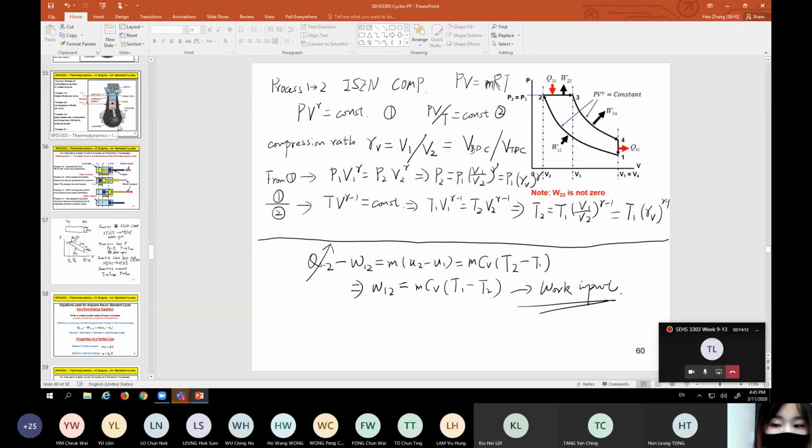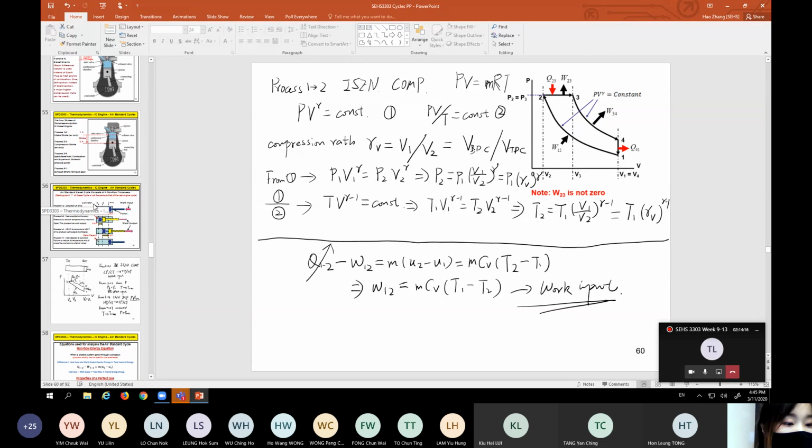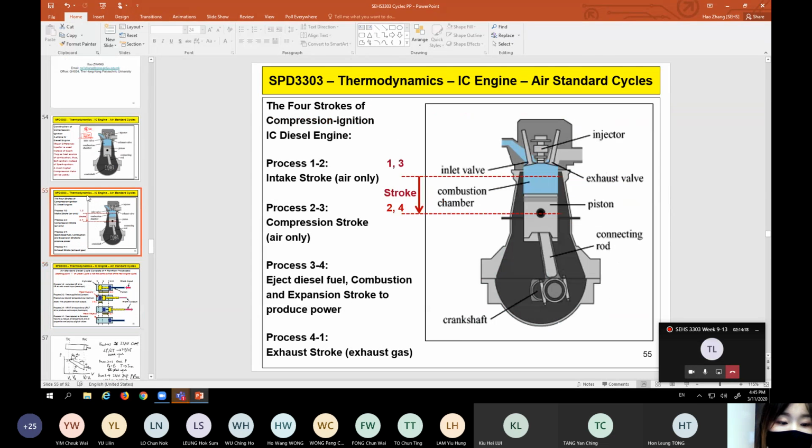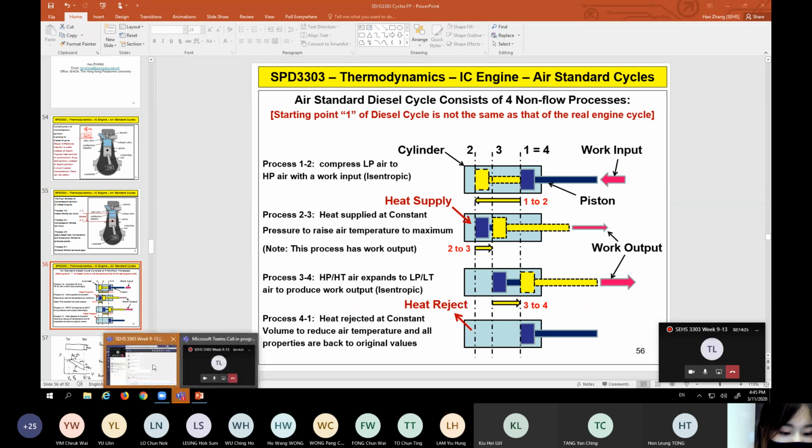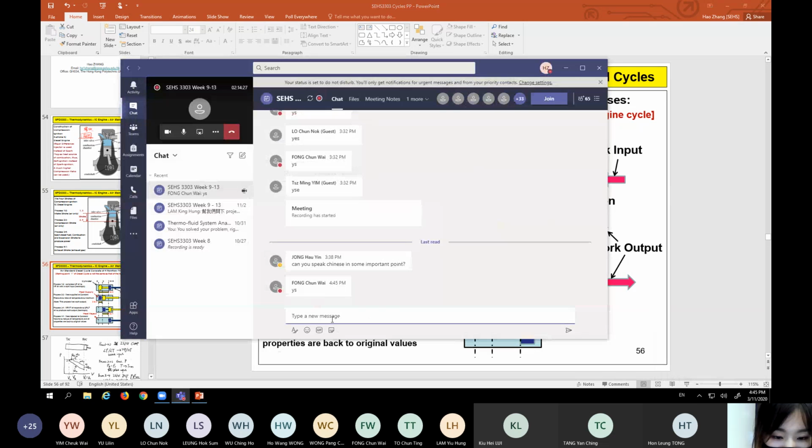Anywhere that I should use Chinese to explain to you, which part? This part or this part? The four strokes, the working process, or the ideal process? Which one do you need additional explanation in Chinese?